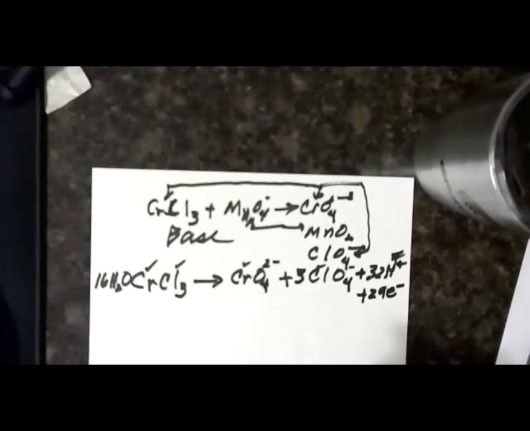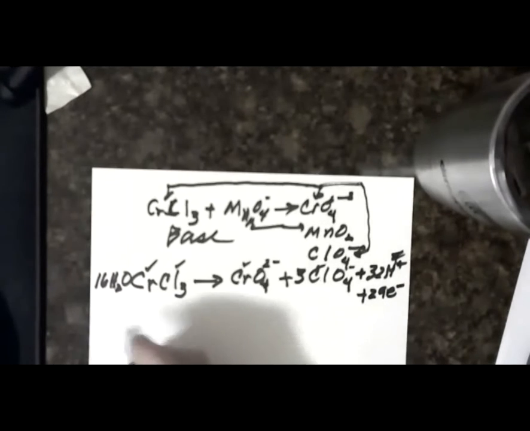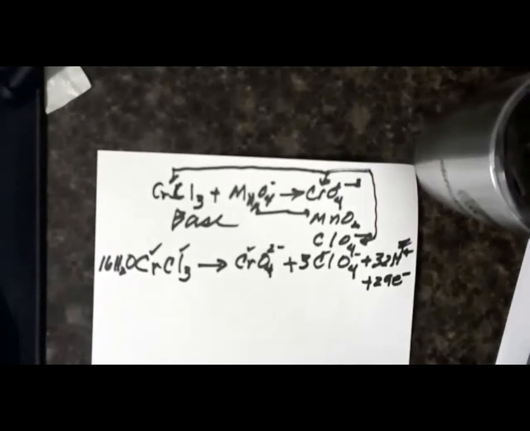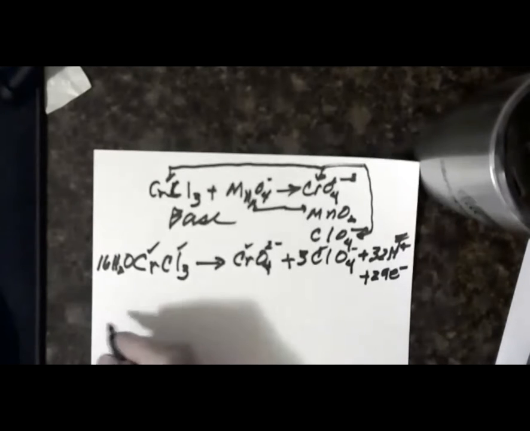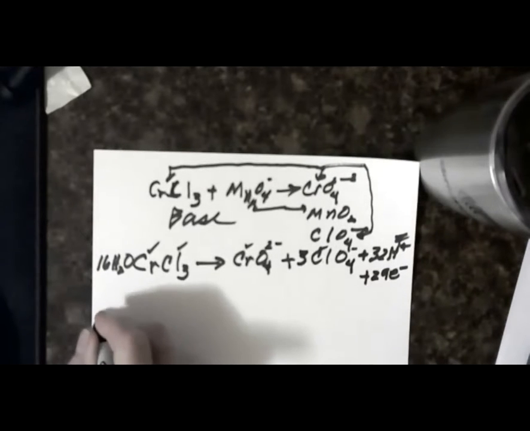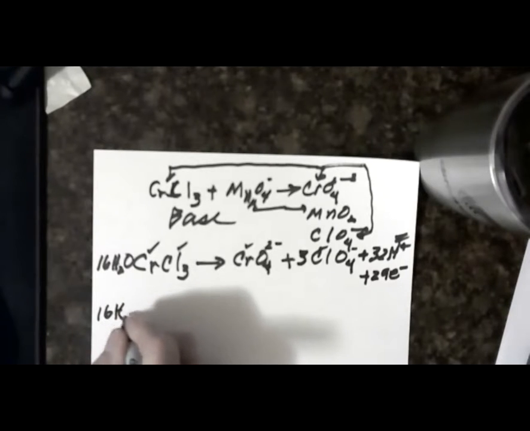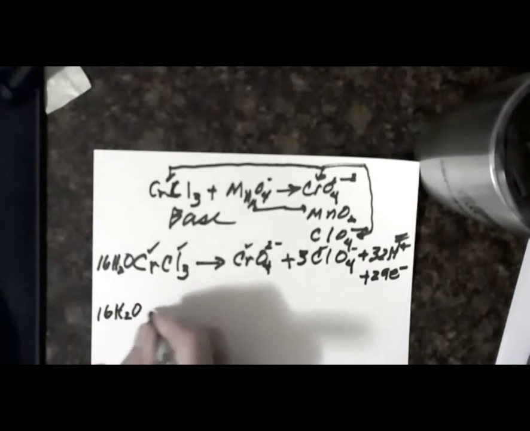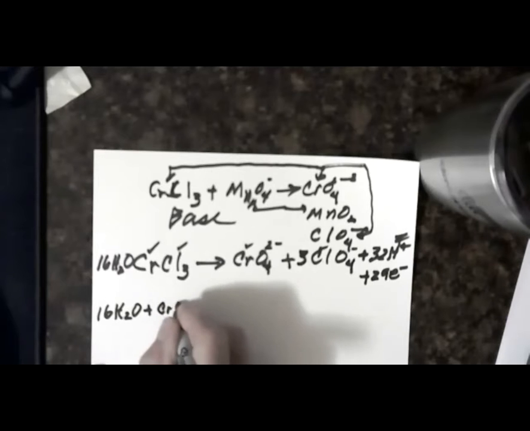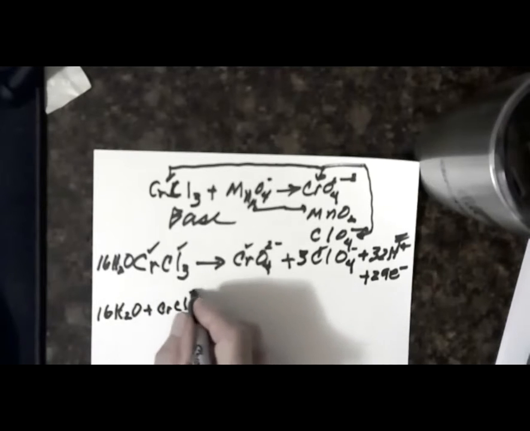So let's see if I can write this a little bit better. We've got 16 H2O, plus a CrCl3, and that's not negative, that's 0.